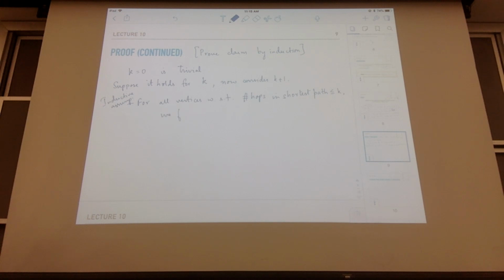And now you want to say something about a vertex whose shortest path has k plus 1 hops. So let's consider any W prime such that the shortest path from U has k plus 1 hops.